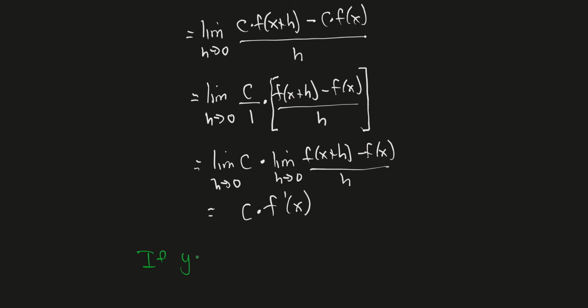If you have a function that is a constant times a differentiable function, then that derivative is simply the constant times the derivative of f of x. So multiplying a function by a constant doesn't affect differentiation. Basically, that constant multiple just comes down and is now a multiple of the derivative.